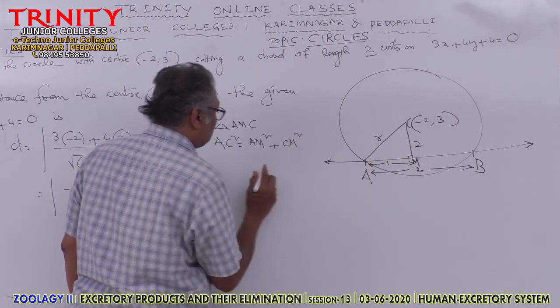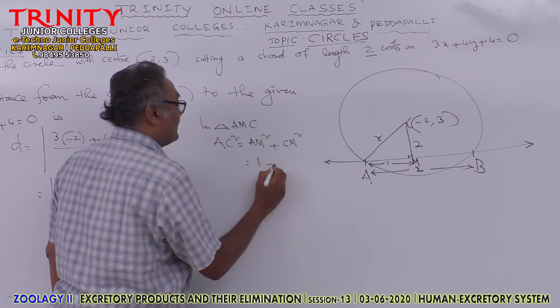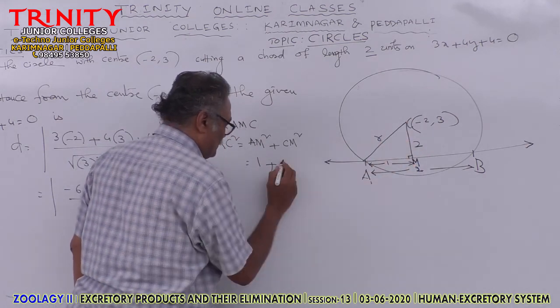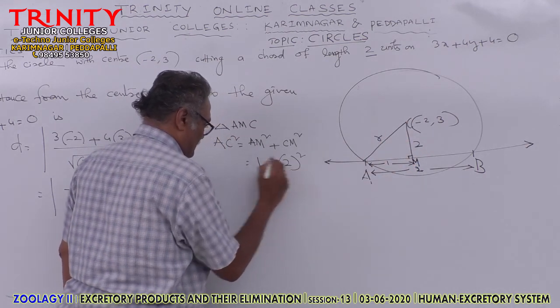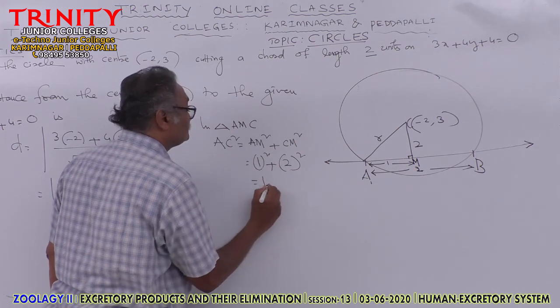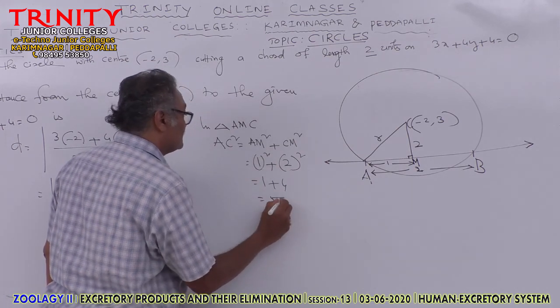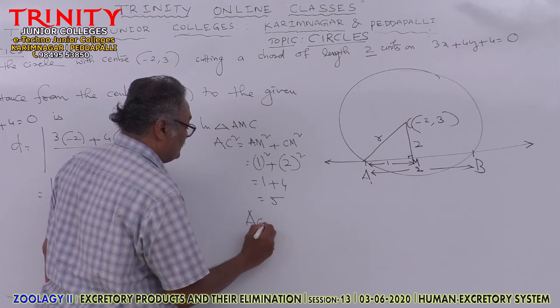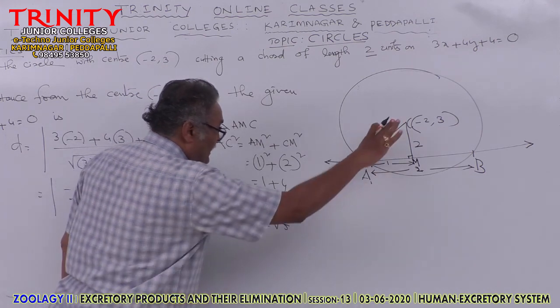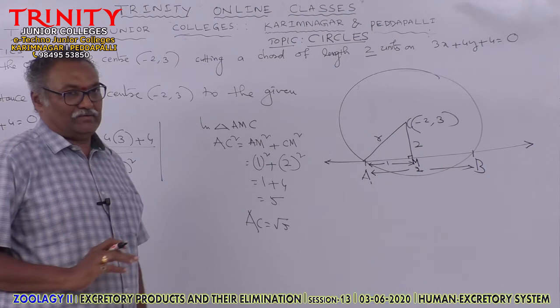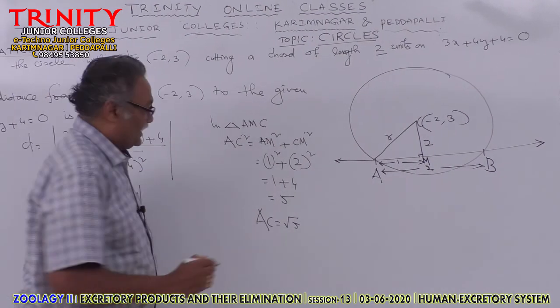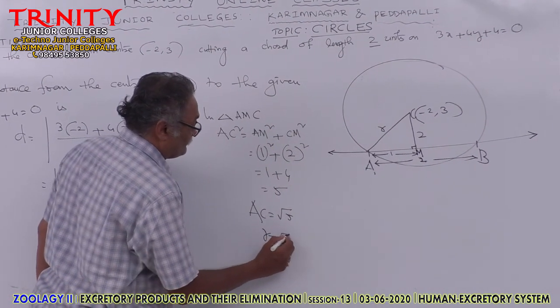AM is equal to 1 unit plus CM 2 units. AC is equal to root 5. That is the radius of the circle. Radius of the circle is root 5.